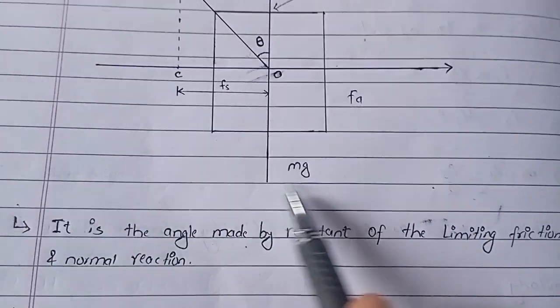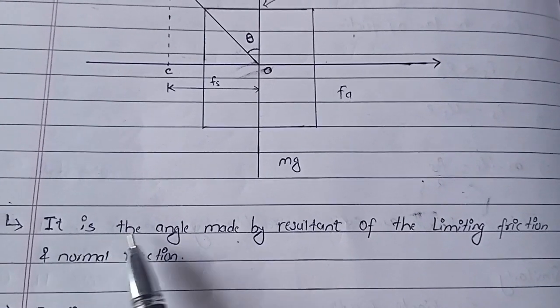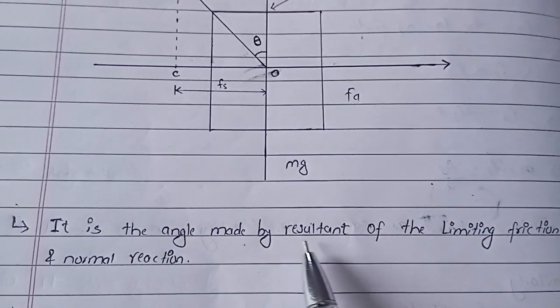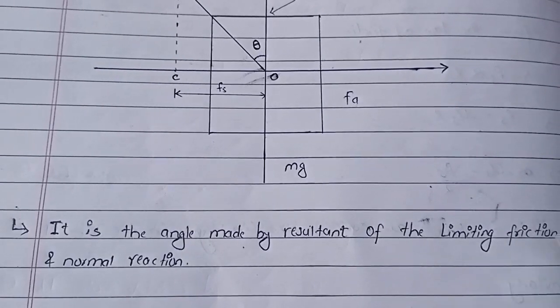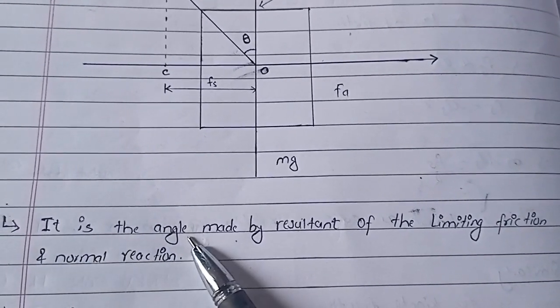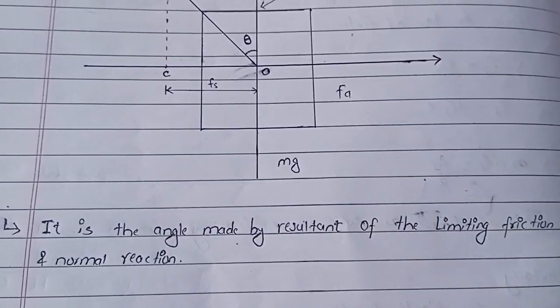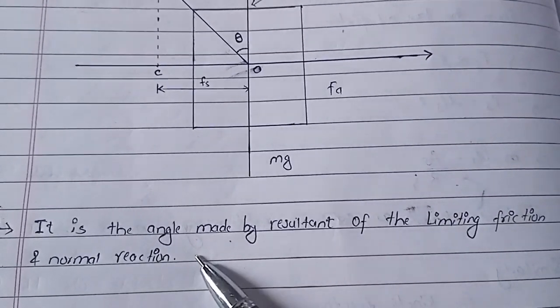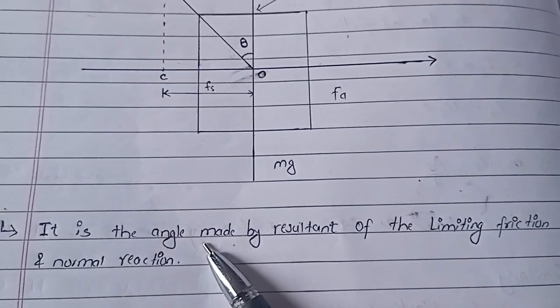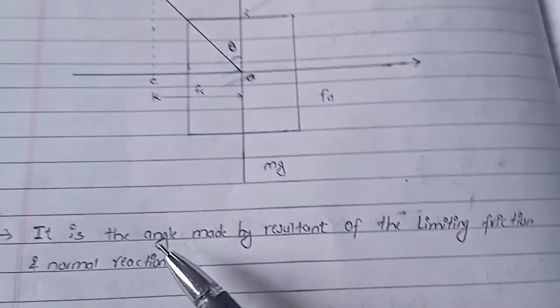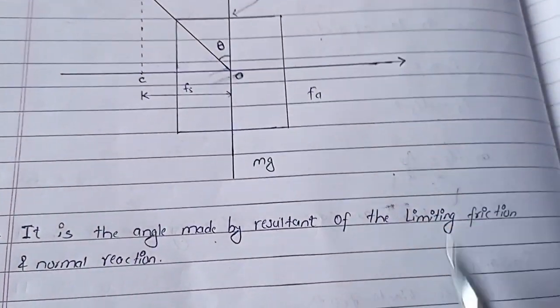It is the angle made by the resultant of the limiting friction and normal reaction. The angle made by limiting friction and normal reaction is known as the angle of friction.